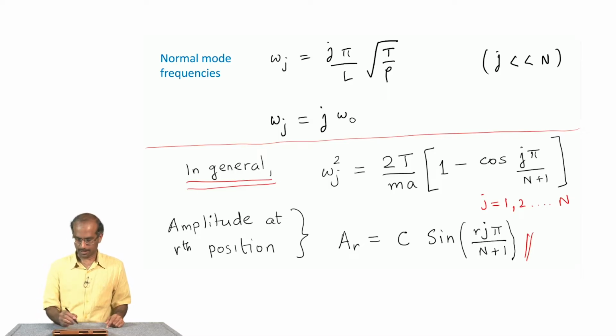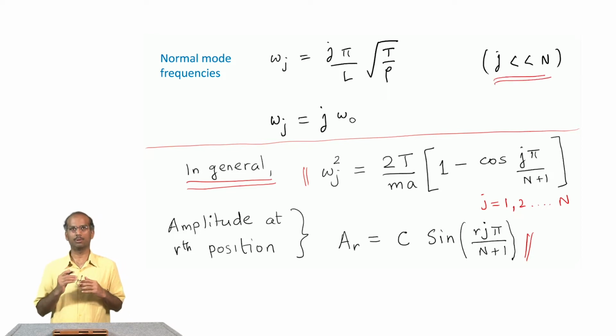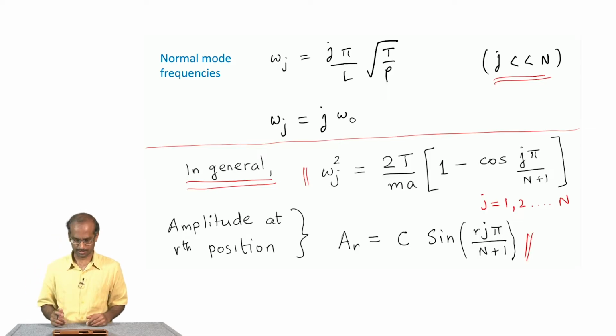And this general expression for the normal mode frequencies omega j square, which is here, can be simplified if you are looking at only the lower frequencies, which means that j is much less than the number of particles that you have.